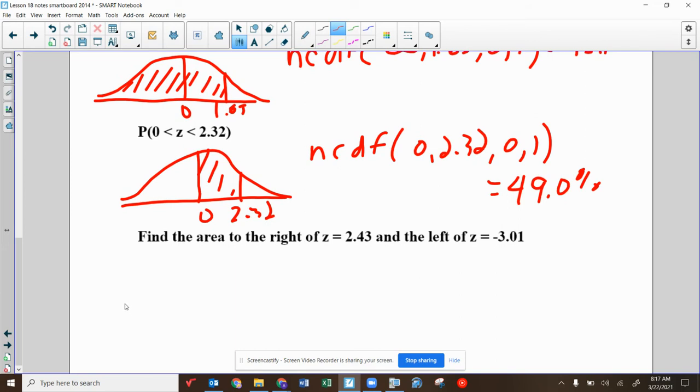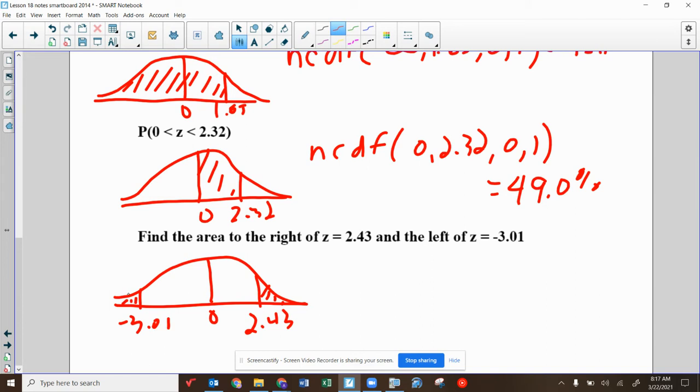All right, and the last one for this stuff, I want to the right of 2.43 and to the left of negative 3.01. So there's one of two ways that you could do this. You could do each one of those individually and then add them together.